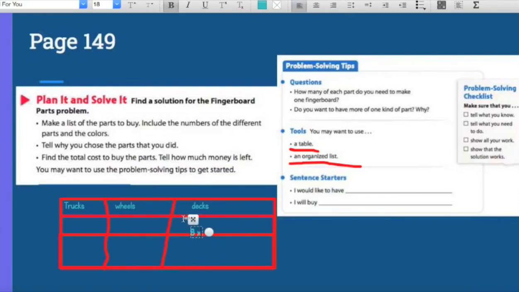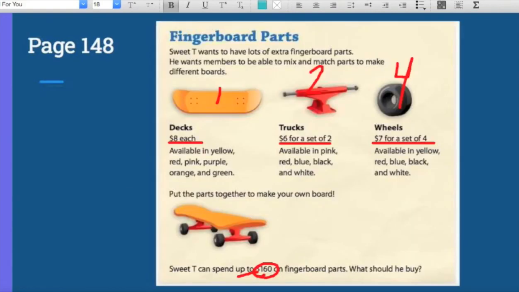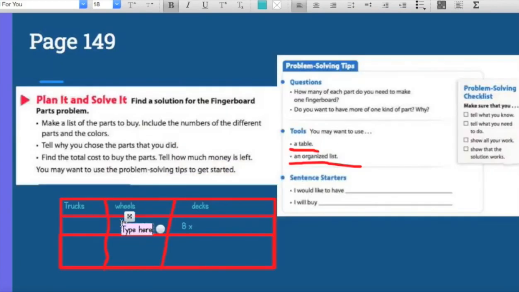So it's going to be 8 times however many you choose to get. Wheels were $7. And the trucks were $6 for the set. For example, and you don't really need this part down here, let's say we're going to just do 10.